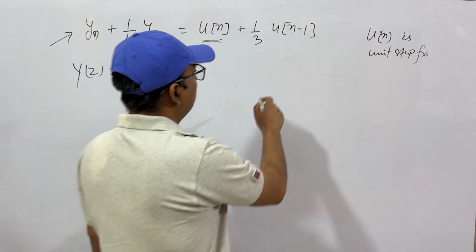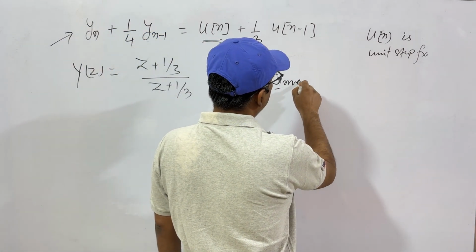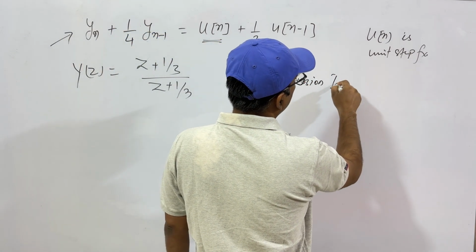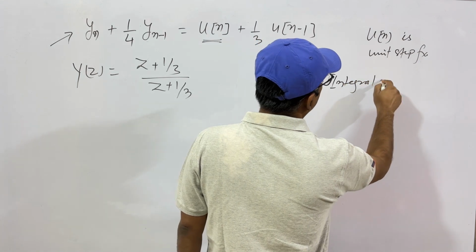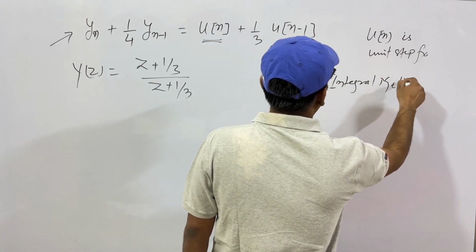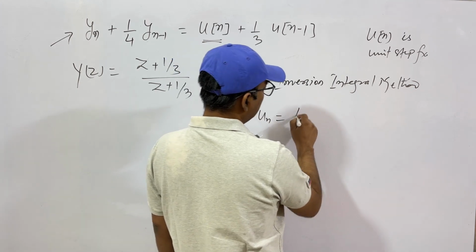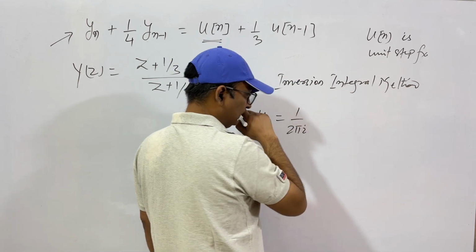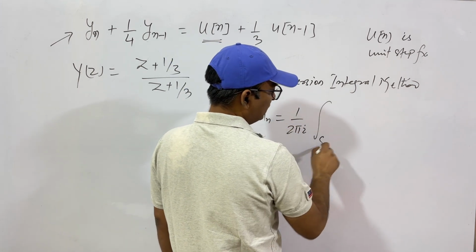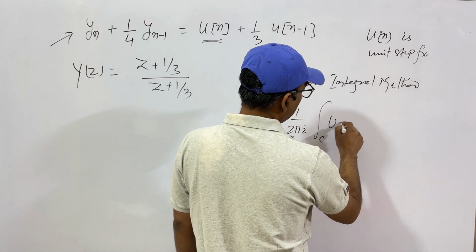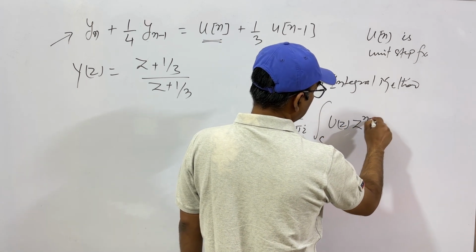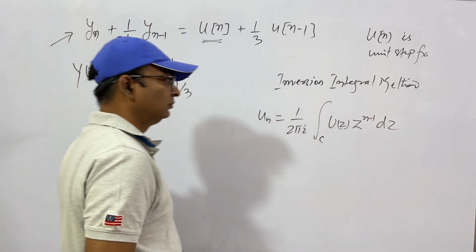Now according to the inversion integral method, u(n), that is, u(n) from U(z), is given as 1 by 2 pi j, where j is for the complex number, over a closed contour, U(z) z^(n-1) dz.